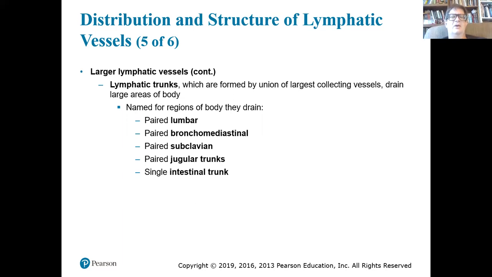Most of them are paired, and the exception to that is the intestinal trunk. We have one trunk draining the lacteals off the intestines, but we have two jugular trunks, two subclavian trunks, two lumbar trunks, two bronchiomediastinal trunks.